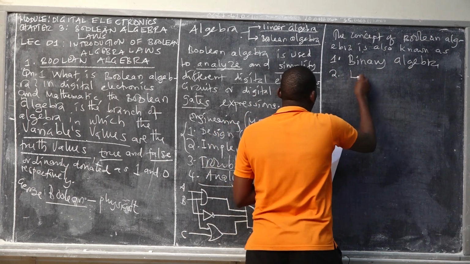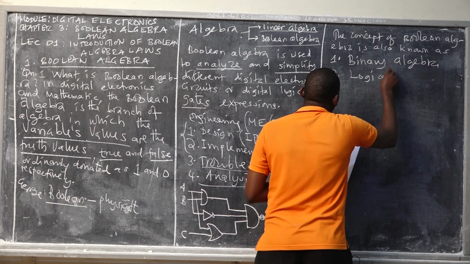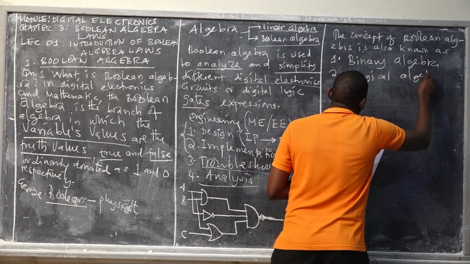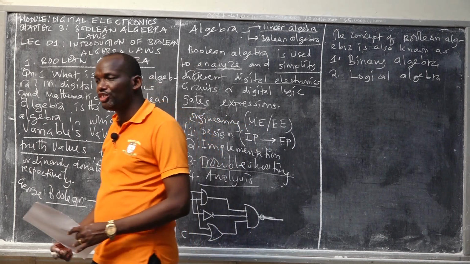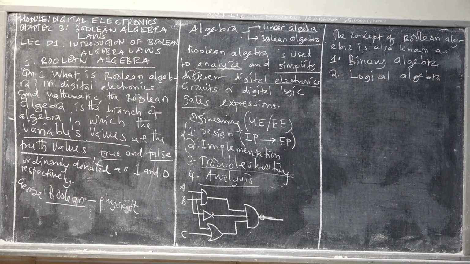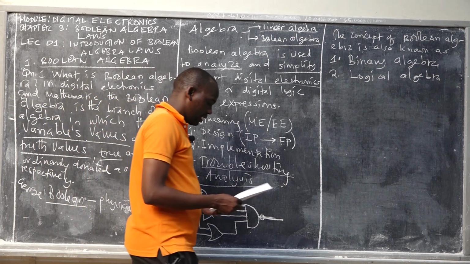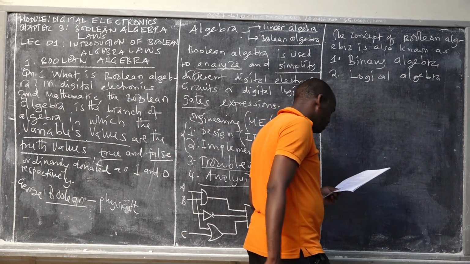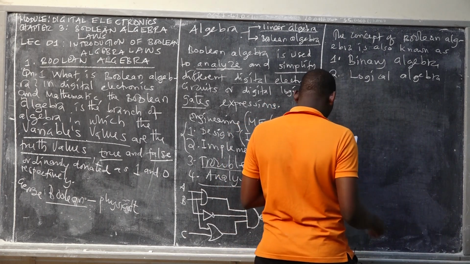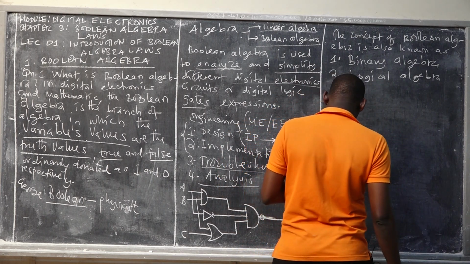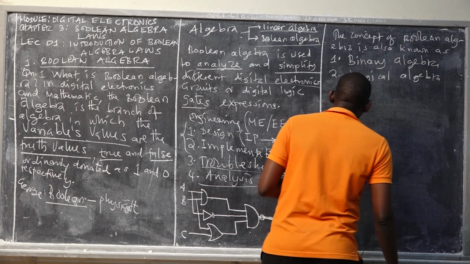Say binary algebra. Then also we can call it logical algebra. So you can call it Boolean algebra or binary algebra or logical algebra. Say Boolean algebra. Binary algebra. Logical algebra.